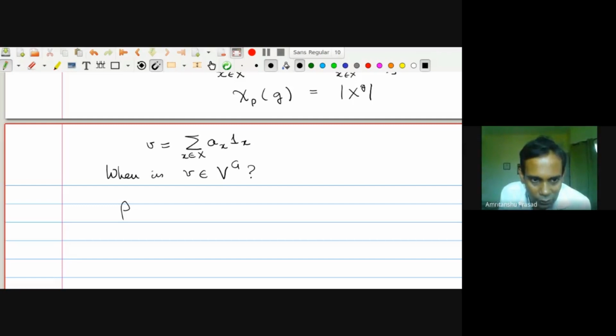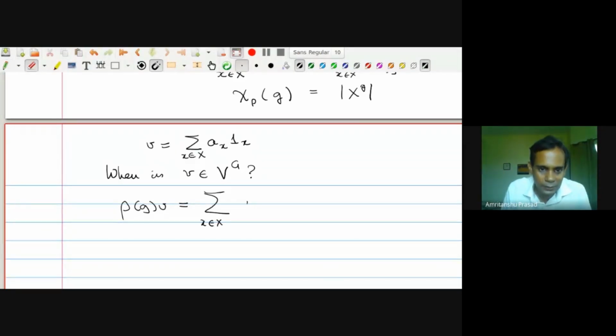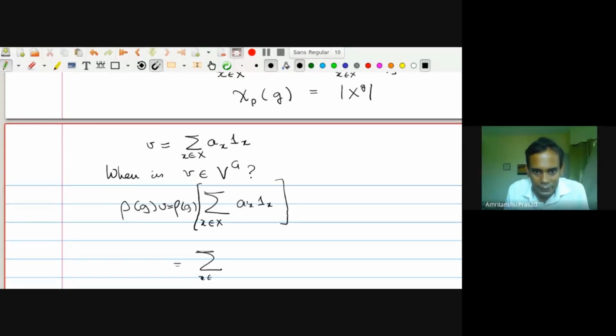Let's just see what rho g dot v is. I have to apply rho g to this sum. But rho g is linear, so I can take it inside. And so we get the sum over x in X of a sub x times 1 sub gx.